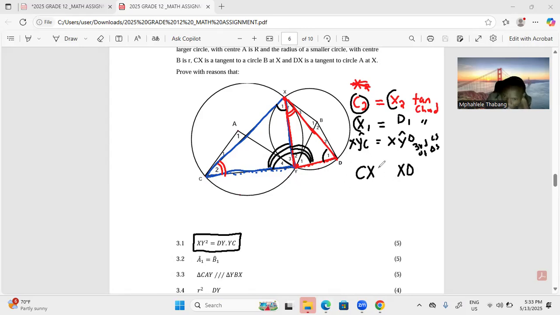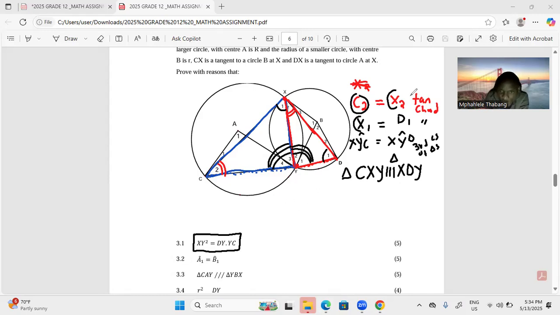Because Y equals Y, I will do this. And say the triangle, I must say triangle CXY is similar to triangle XDY. So I have proven that these two triangles are similar. And maybe from this similarity of triangles, I can show that XY squared equals DY times YC.